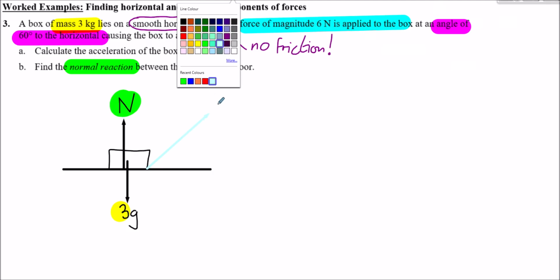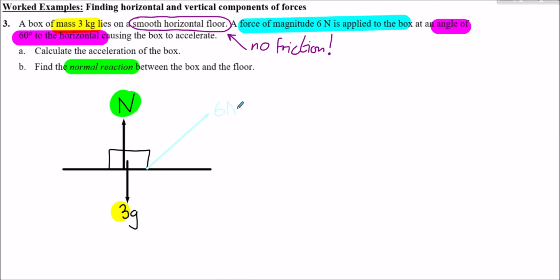So it's got a magnitude of 6 newtons, and that's 60 degrees. Why is it 60 degrees? Because it says it's 60 degrees. So label this on like so. The colouring, I will admit, is completely unnecessary, I just like doing it, so forgive me.